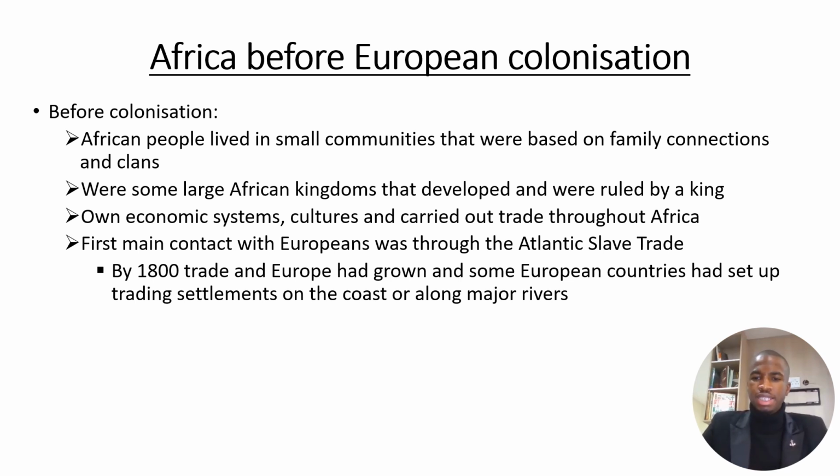Africa, for all intents and purposes, also had its own economic systems and cultures, and carried out trade throughout Africa. The first main contact with Europeans was through the Atlantic slave trade. By 1800, trade in Europe had grown and some European countries had set up trading settlements on the coast or along major rivers.